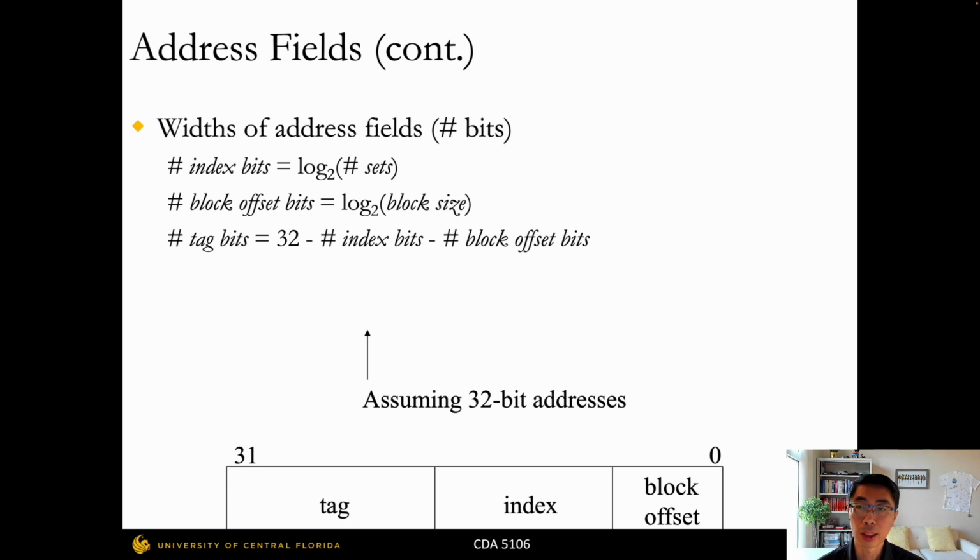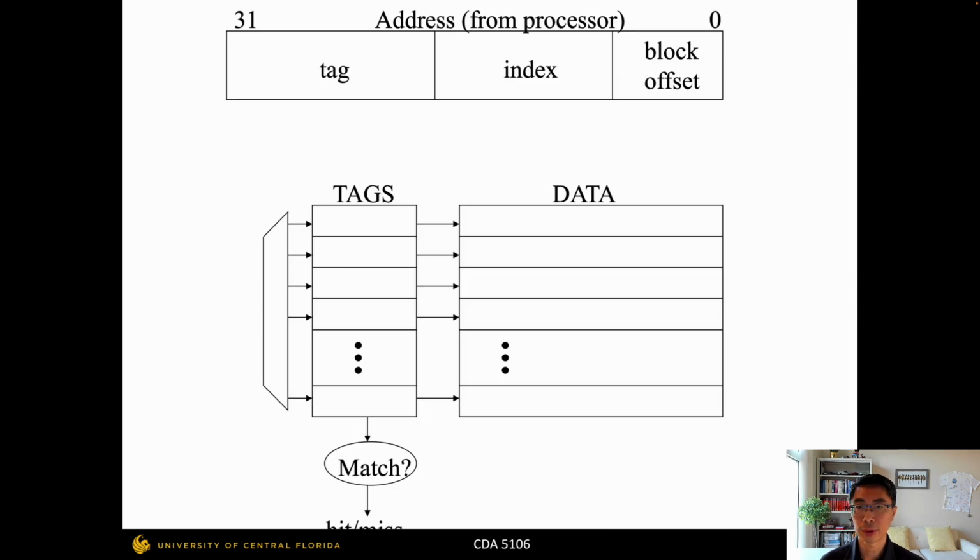Once we determine the size of each field, we can look up the cache. Here is an example of a direct map cache. There is only one associativity, so there is only one column. We have a data array here and a tag array that keeps track of which block is currently cached in each set. We start with the index bits, which we use to find the specific set that this address maps to.